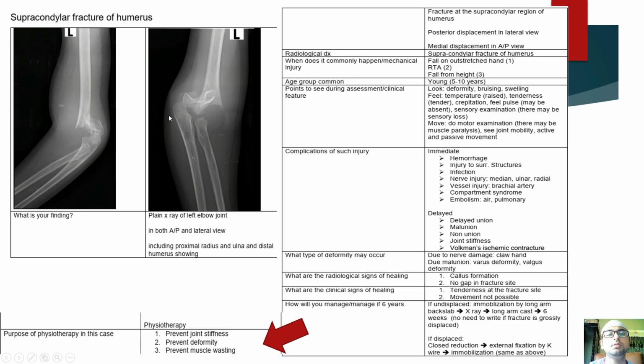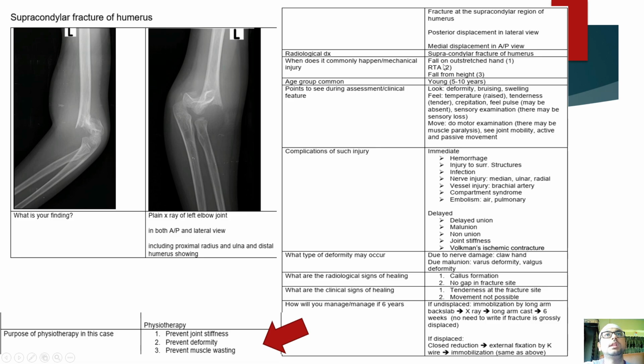So you need to mention the displacement in both X-rays. In the anteroposterior view, there is medial displacement, and in the lateral view, it is anterior-posterior displacement. You must know what the view of the X-ray is and what the exact findings are. When does it commonly happen?